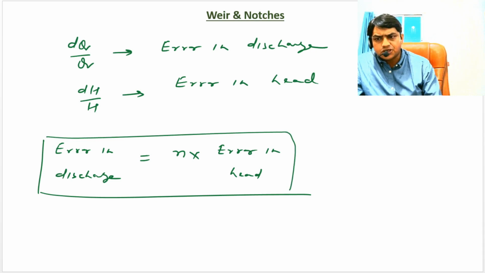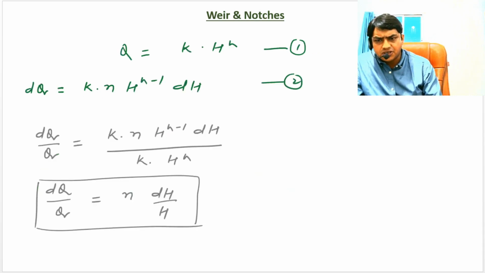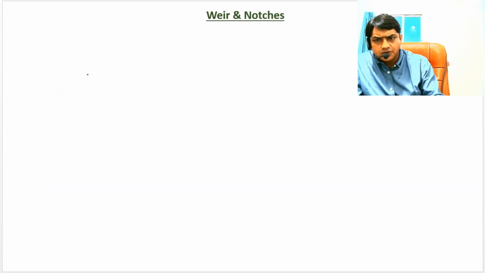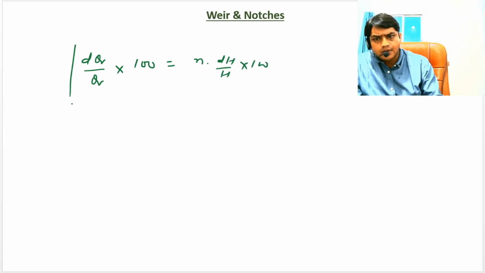Or this expression can also be written in percentage. So in percentage we can write dq by q into 100 is equal to n into dH by H into 100.